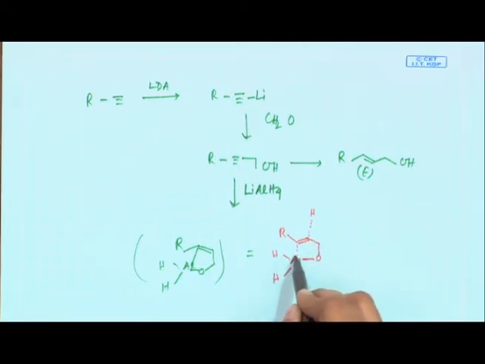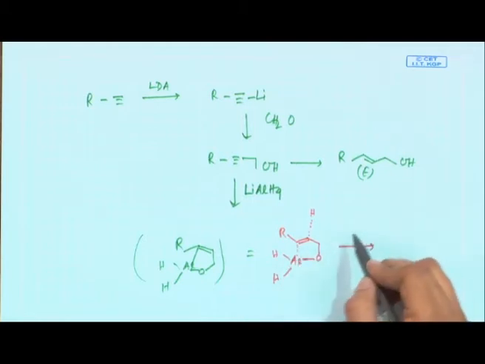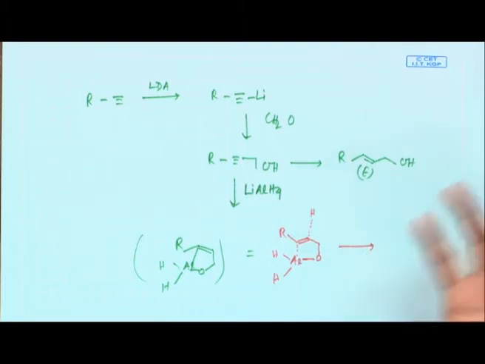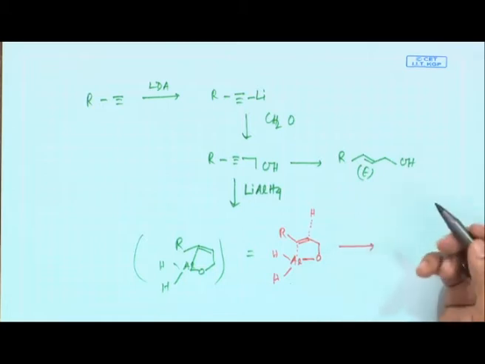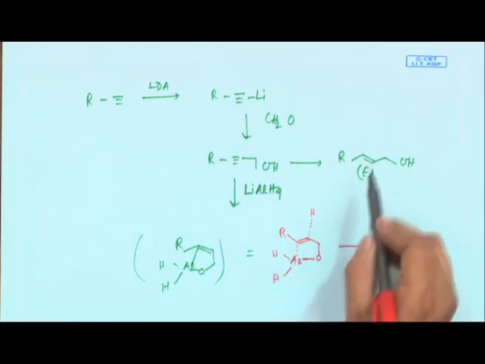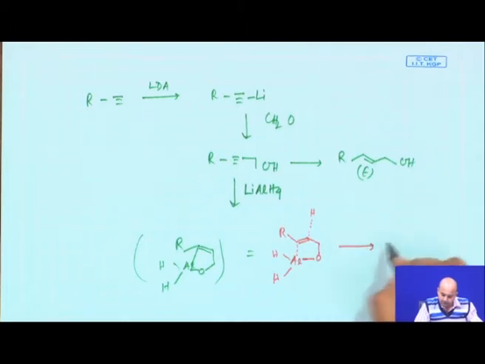Now, this carbon aluminum bond will be hydrolyzed by whatever electrophile you can use. You can just use simple water, because you need two hydrogens. Now, see this hydrogen is already here, so this carbon aluminum bond and this hydrogen are trans to each other. Now this bond cleavage will take place.